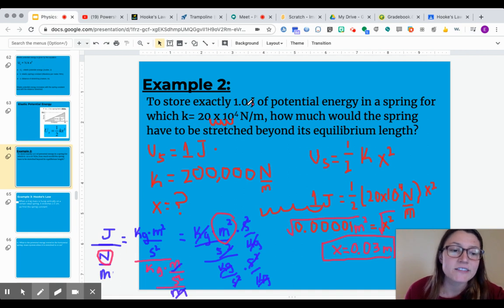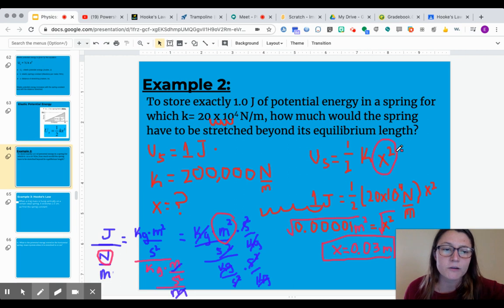So it makes sense that if the spring constant is very large, and elastic potential energy and spring constant are proportional, the displacement, meaning the compression or the stretch, must be small in order for the potential energy to be relatively small. So this answer does make sense based on the relationship between stretch, spring constant, and elastic potential energy.